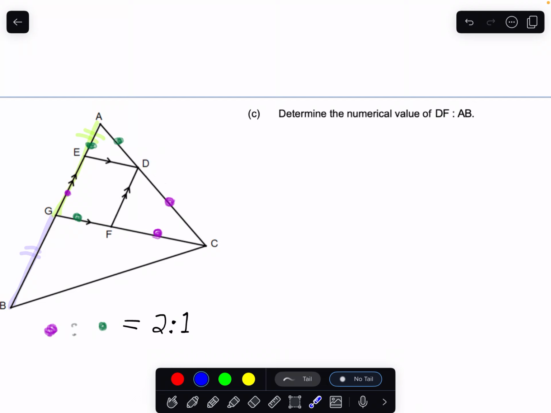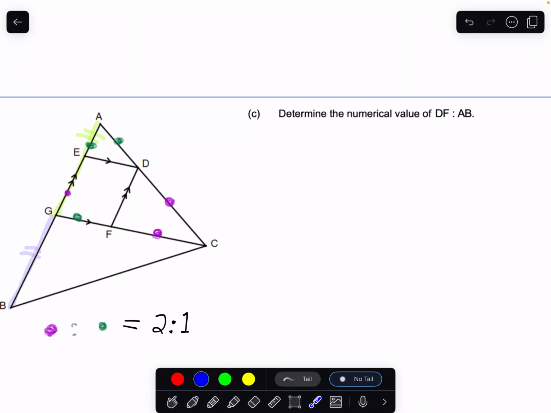And the similarity ratio is 2 to 3, because these sides represent 2 parts, and this whole side represents 3 parts. So the ratio between this side and this side is 2 to 3.